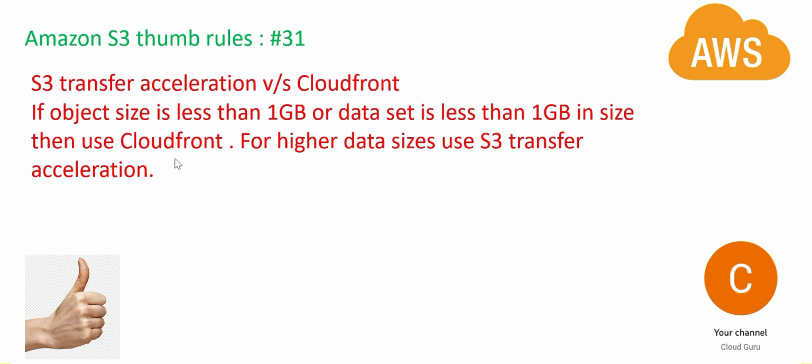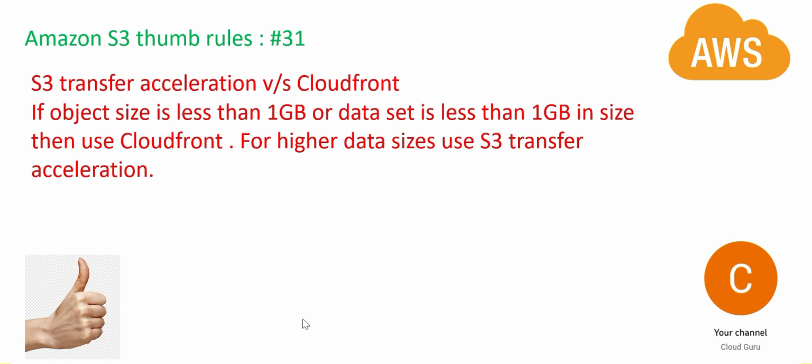And if it is higher than that, you should use Transfer Acceleration. In the exam, you will get at least 2 to 3 questions where they will give scenarios where CloudFront is explained. A lot of answers would be CloudFront, because always remember, from a caching standpoint, CloudFront works best because it caches also. It uses fast network plus caching, and Transfer Acceleration is just the fast network.